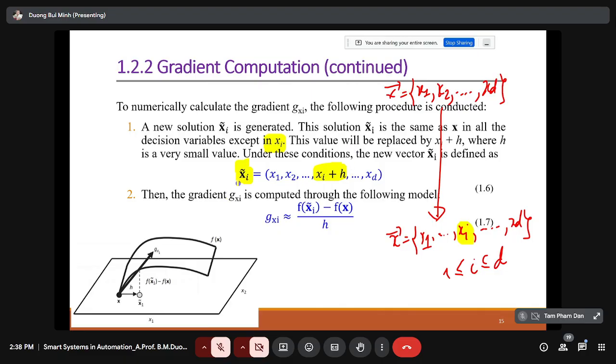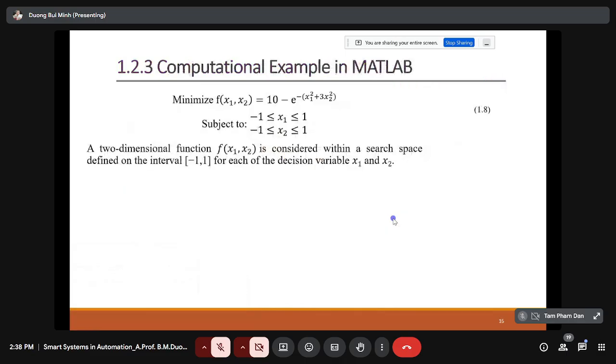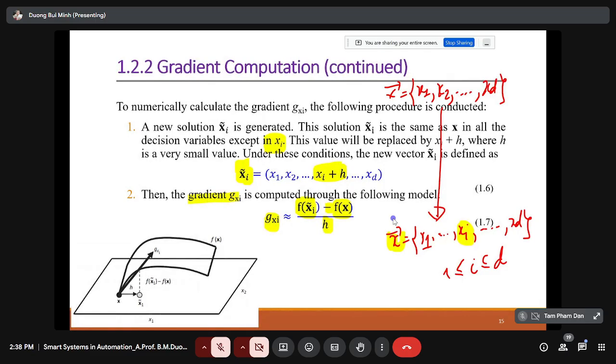So we take the gradient: the gradient for xi is the objective function value of the new x minus the objective function value of x, divided by delta x. And we repeat and repeat for the new vectors of x.